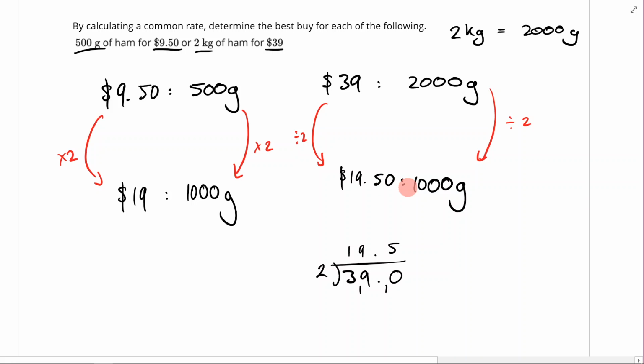So which is your best buy now? Remember, the reason why we can compare these is because the weight of them is the same. So it's easy to compare them. So I have $19 a kilo here, and over here I have $19.50 for a kilo.